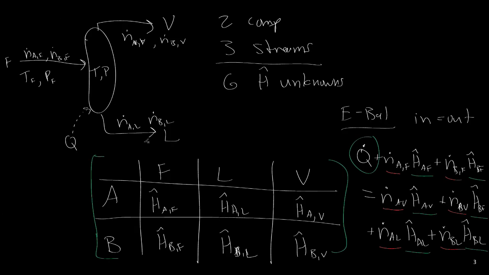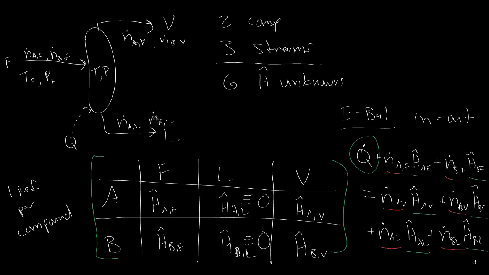Once we assume our reference state, this allows us to define this as our 0, and we can set one reference per compound. For simplicity, we set the specific enthalpy for A in the liquid equal to 0, and the specific enthalpy for B in the liquid equal to 0.